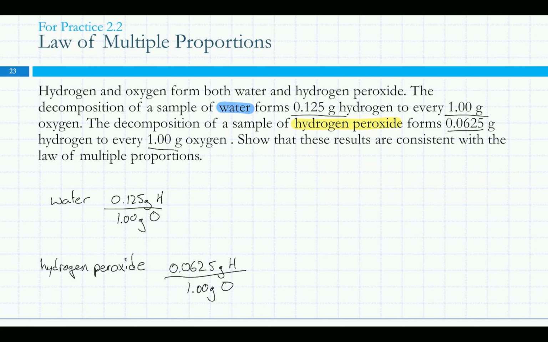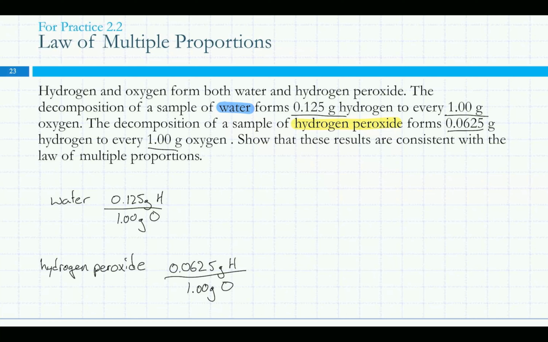How do we use these now to show that the law of multiple proportions applies to water and hydrogen peroxide? And I'll give you another opportunity to pause. Okay. So remember, the law of multiple proportions says that there's basically a whole number integer proportion between compounds made of the same type of atoms, but different numbers of those types of atoms.